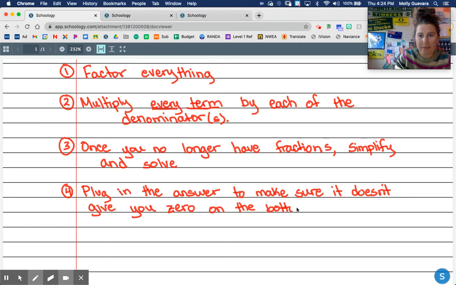Not allowed to have 0 on the bottom of a fraction. So I just need to make sure that whatever answer I get, if I plug it in, it doesn't give me 0. So these are the basic steps: factor, multiply, solve, check.